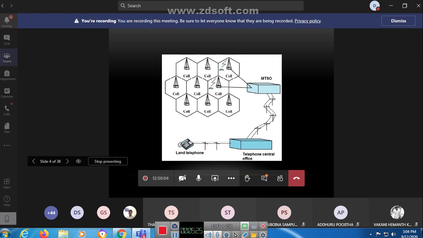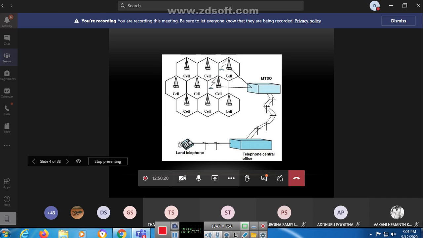Another one is the frequency reuse concept. Take this cell and this cell. Here we are using a frequency of 100 Hz and here also we are using 100 Hz.